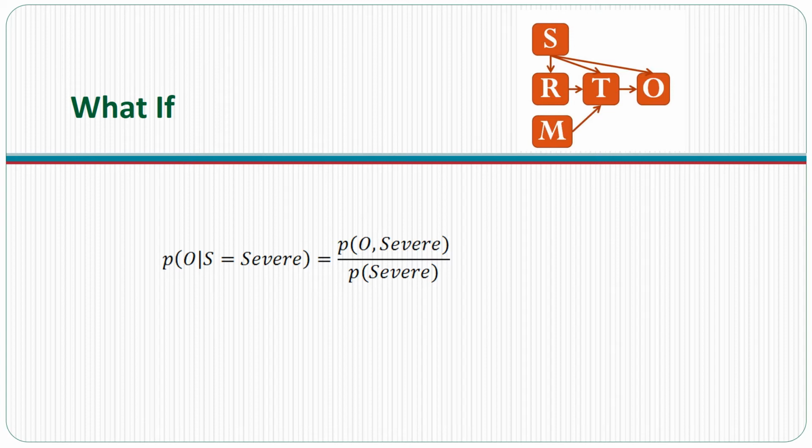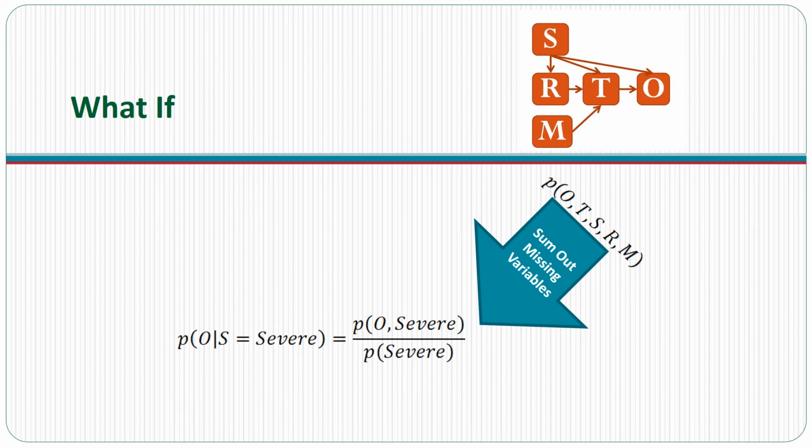So for probability of a particular outcome for a patient that is severely ill, we divide the joint probability of outcomes for severe patients by probability of observing severe patients. The way you can think of conditional probability is that we have selected all patients who are severely ill, and within these patients, we are looking at frequency of observing various outcomes.